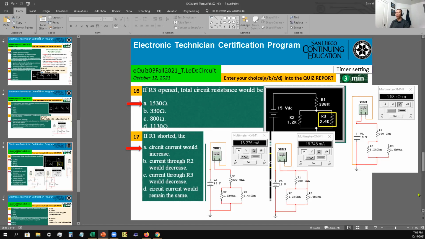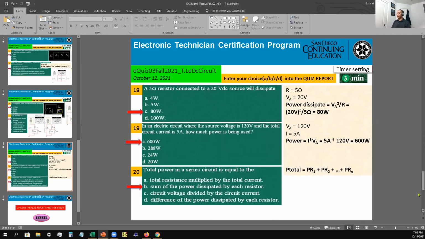Next page. So there's the last one. Number 18, the answer is C as in Charles. Number 19, A as in Adam. Number 20 is B as in Bob. Any question on 18, 19, or 20?